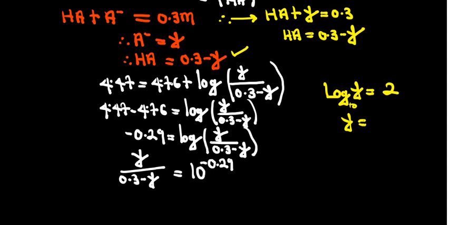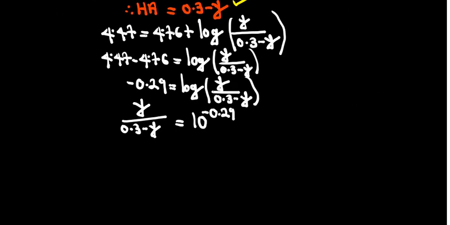You make the subject of the log your exponent. That is how it works out. This is the same step I was trying to take right there. The log here has a base of 10, so it's just 10 to the power negative 0.29. I was just trying to explain a few things, then get back to the mathematics. But let's soldier on. After doing that, we're trying to find a value there.